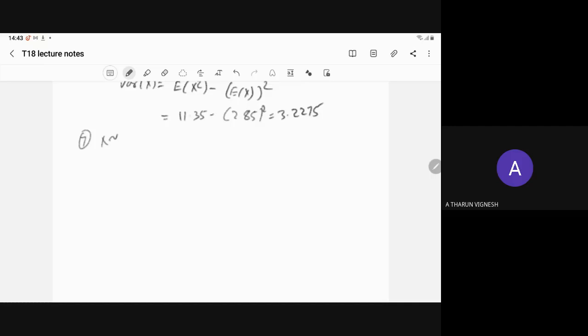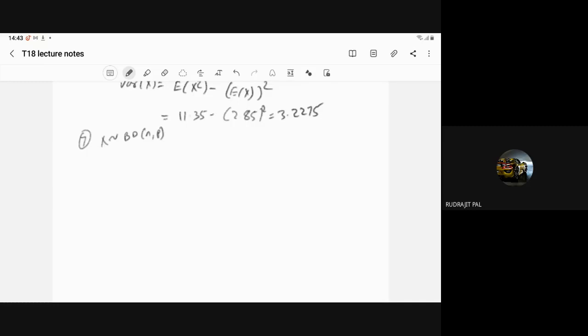I think you have not covered the binomial distribution till now in any lecture. No, sir, we have not. Actually, the binomial distribution depends on two parameters, n and p, where n denotes the number of Bernoulli trials and p denotes the probability of success in each trial.